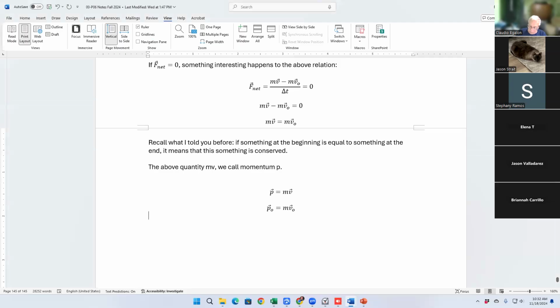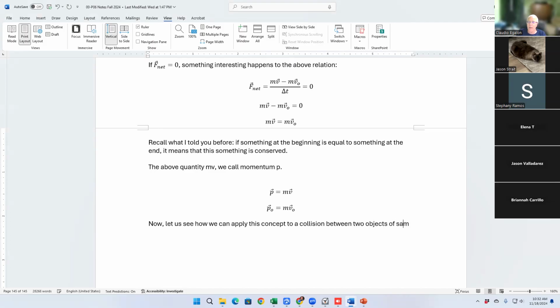Now, let us see how we can apply this concept to a collision between two objects.